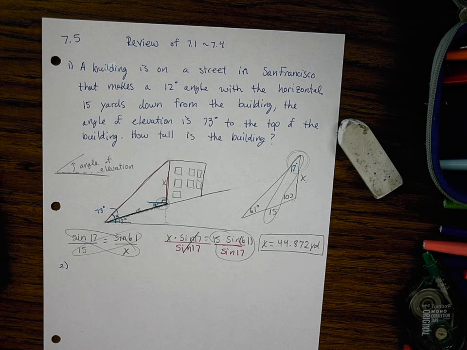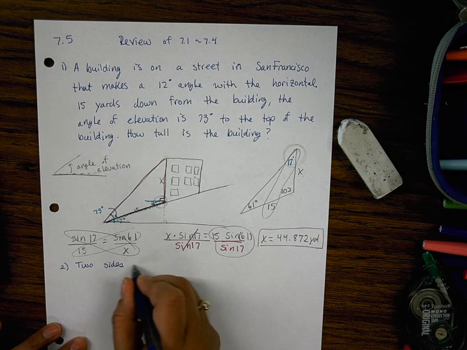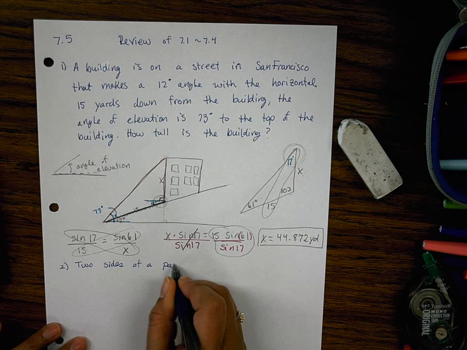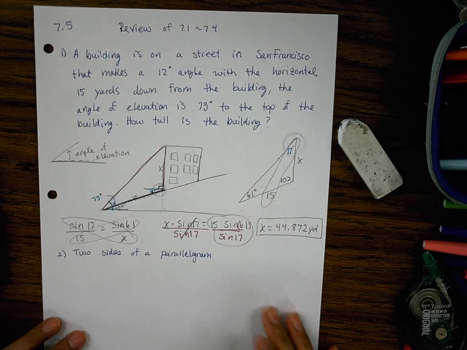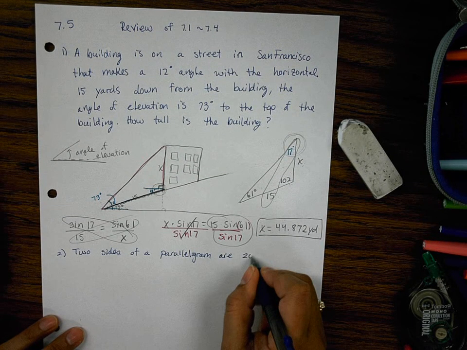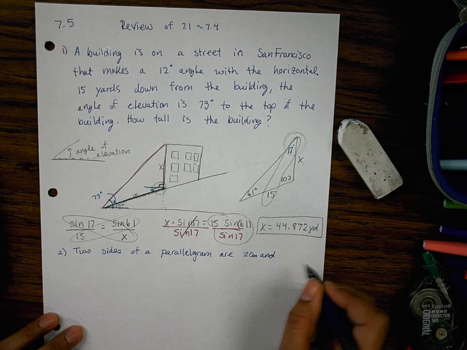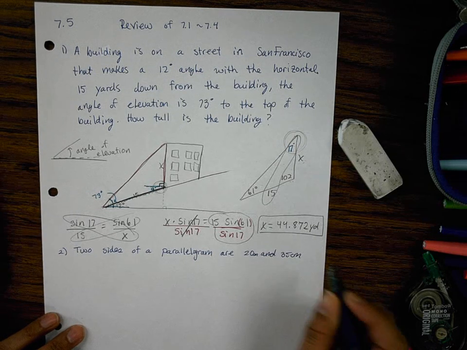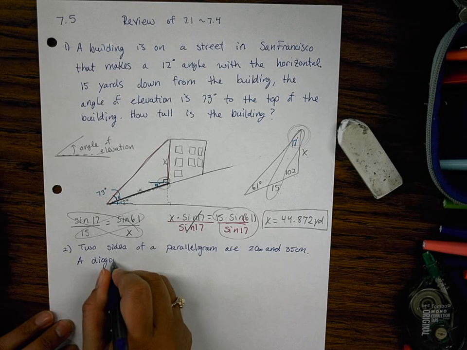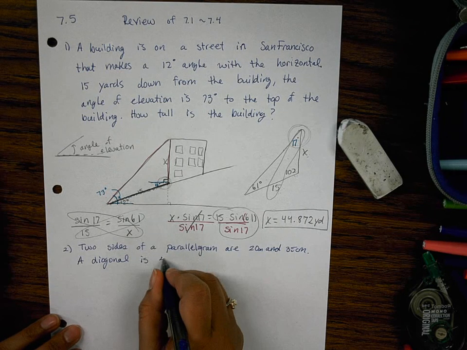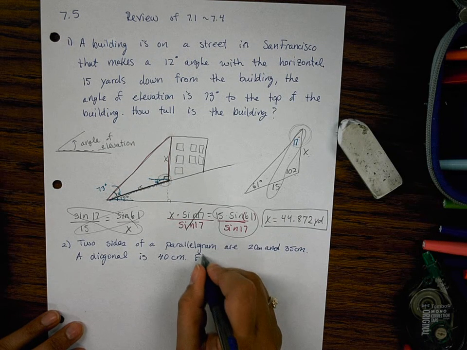Okay. Number 2. Two sides of a parallelogram are 20 centimeters and 35 centimeters. A diagonal is 40 centimeters.